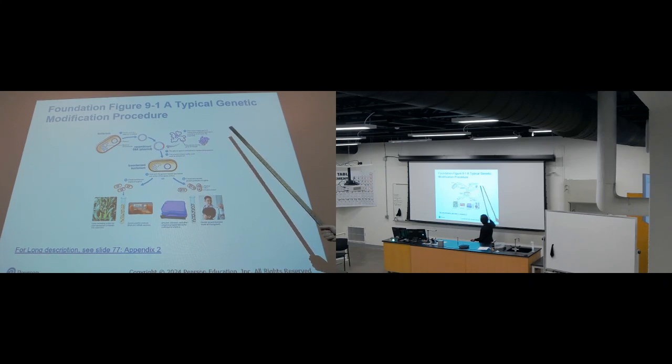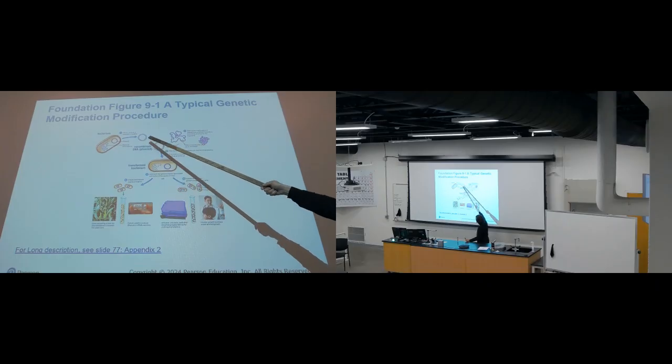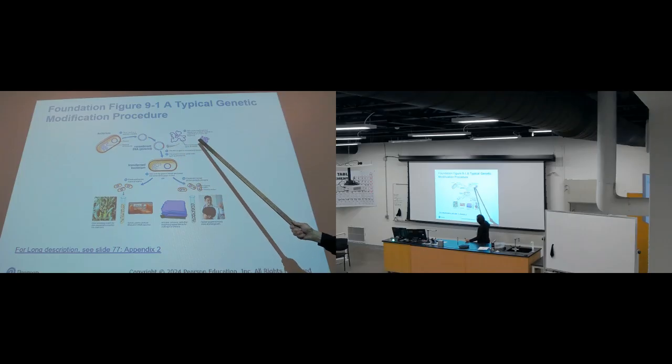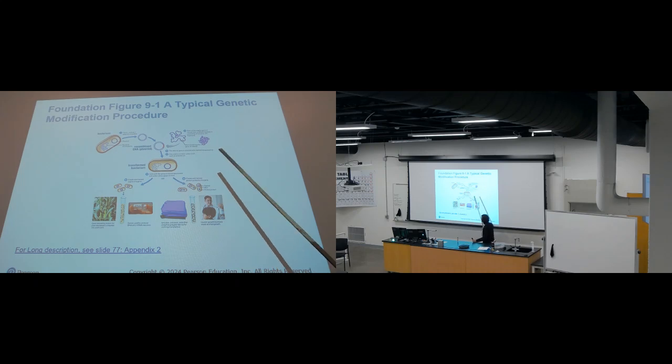In this case it will be human DNA, for instance. And then you cut the piece from this human DNA that codes for human growth hormone. Then you cut the vector DNA. You insert this gene into the DNA from the vector, and then you form a hybrid, a recombinant plasmid DNA.